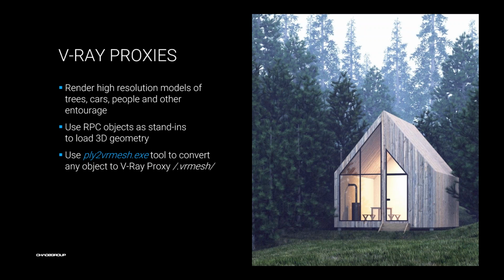With the help of the Poly to VR Mesh tool, which comes along with the V-Ray for Revit installation, you can turn any high poly model into a VR Mesh file, which is the file format used by V-Ray proxies. Most users experience some difficulties at the beginning as the tool is command line based, and now I will show you how to run it and how easy it actually is to use it.